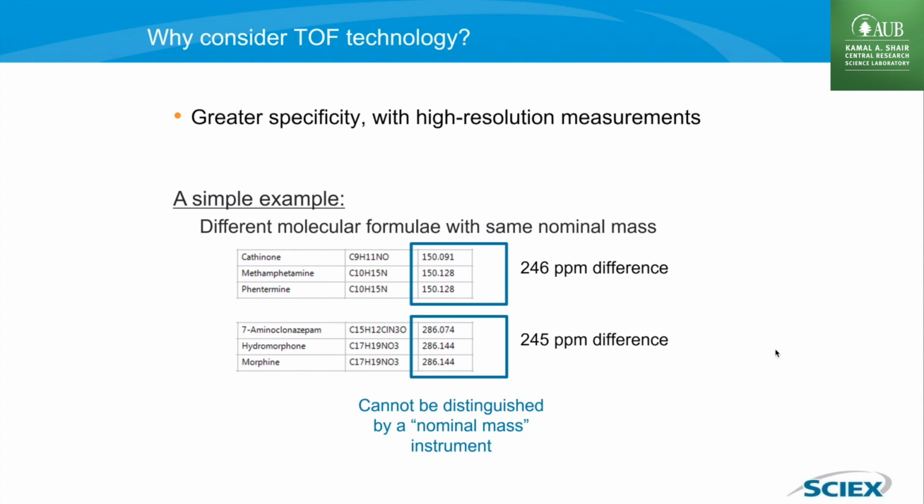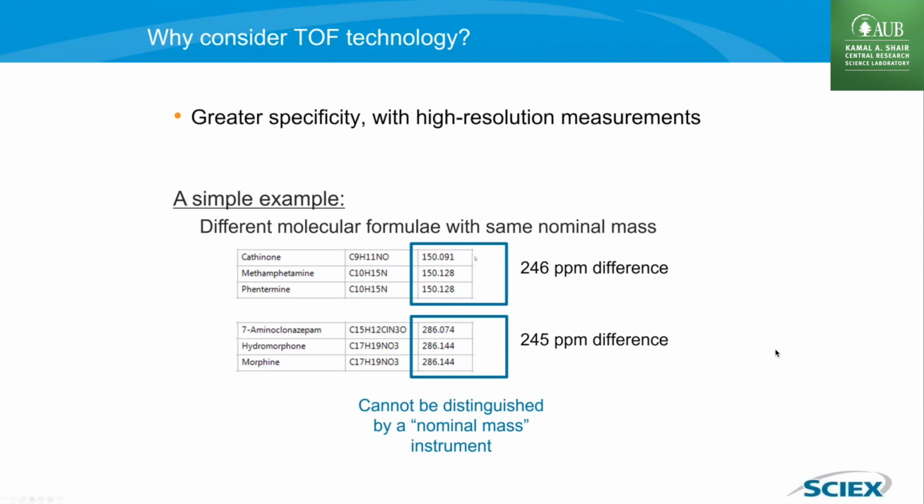Now, 246 ppm is 100 times worse than what your instrument can do. Your instrument spec is 2 ppm. So this shows you really the power of this exact mass technology and the high resolution is that these 2 compounds with the same integer mass, we can easily tell them apart because they have different formulas.